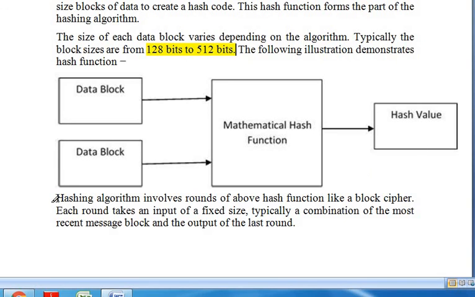See, a hash algorithm involves rounds of the above hash functions, like a block cipher. Each round takes an input of fixed size, typically a combination of both the message block and the output of the last round. What it is trying to say is like the DES and AES algorithms we already explained.